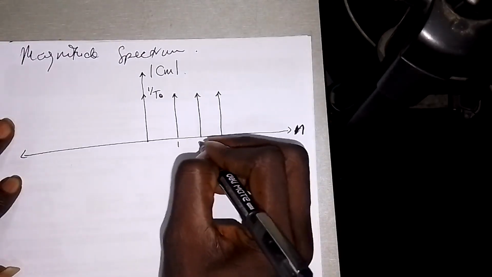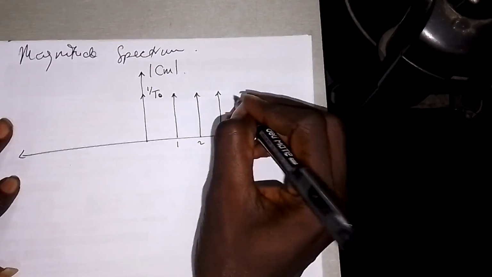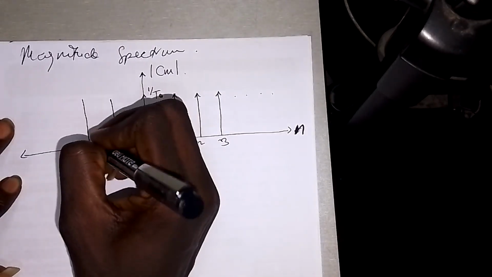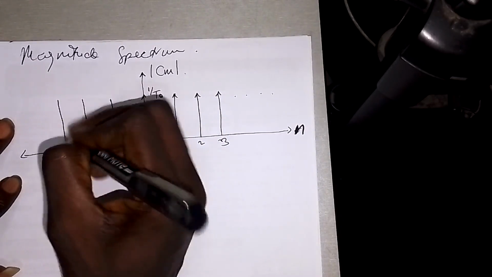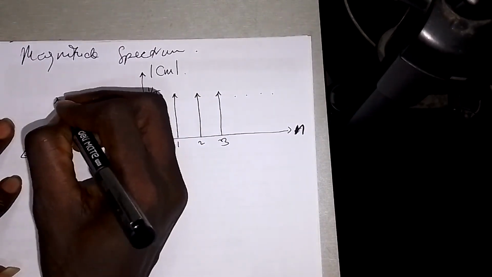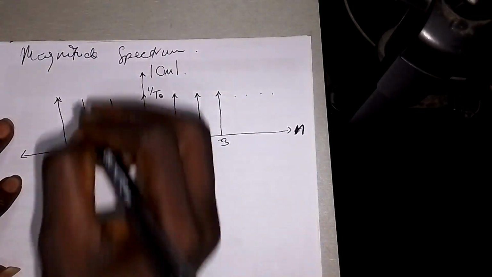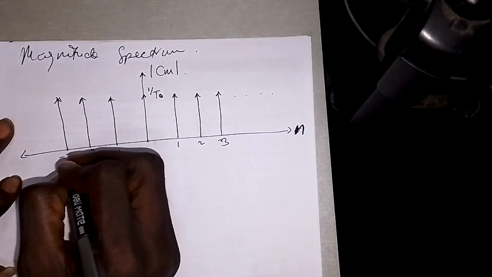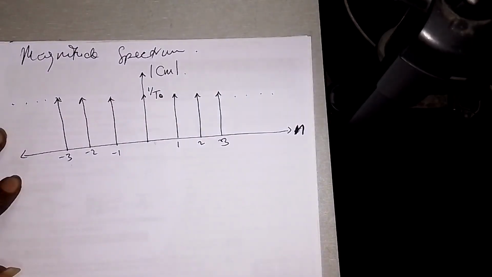So let's say here is 1, 2, and then 3, and it goes on and on, and here minus 1, minus 2, minus 3, and it goes on and on. So this is our magnitude spectrum.